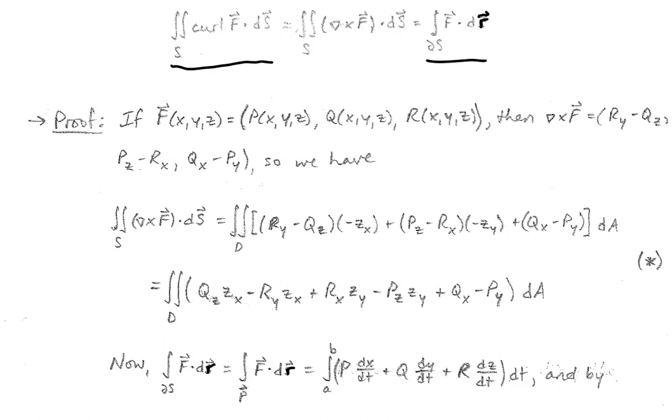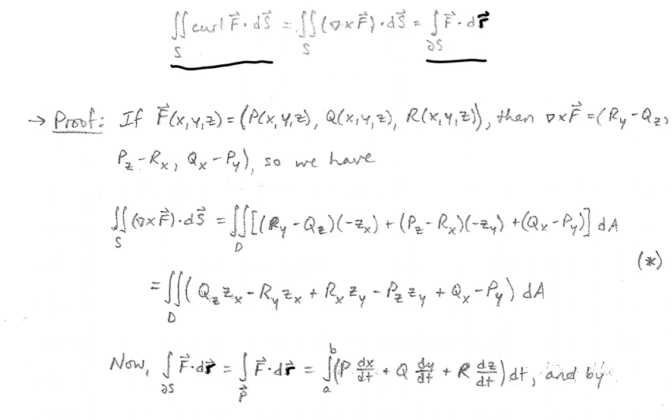So we're looking at the integral over partial S of F hat dot dr hat. That's the integral over our vector function r hat, where our variable t goes from a to b.